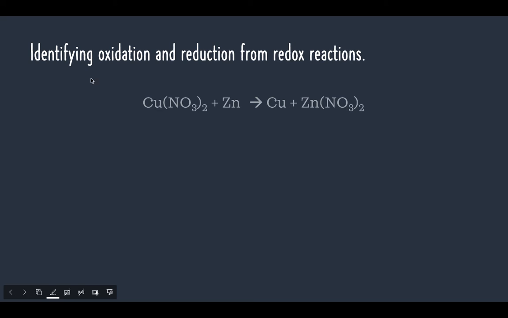Okay, so let's look at another example. Here we have copper nitrate with zinc becoming copper and zinc nitrate. So like in the first example, I'm going to break it down into an ionic equation. So we have copper 2+ ions. We have 2 nitrate ions.